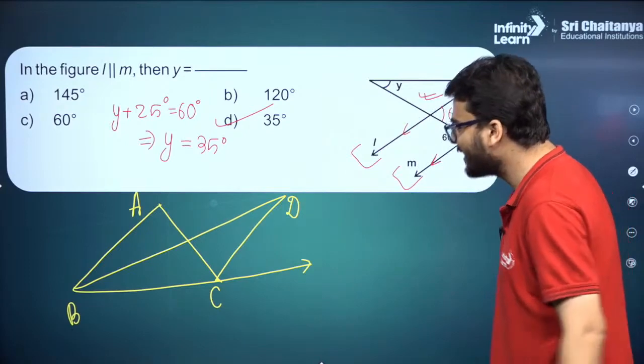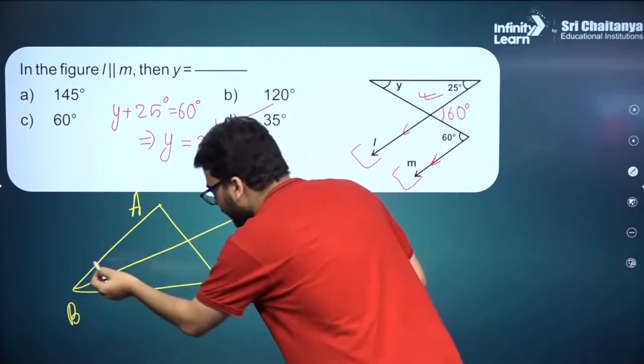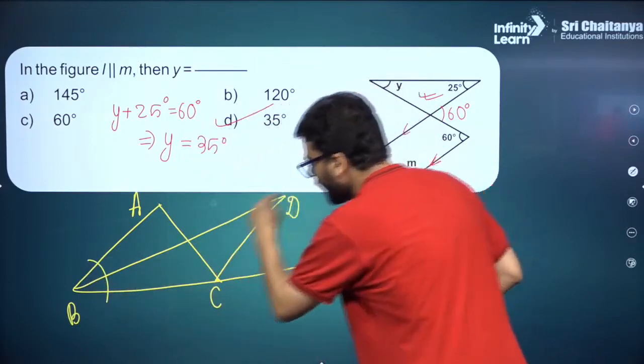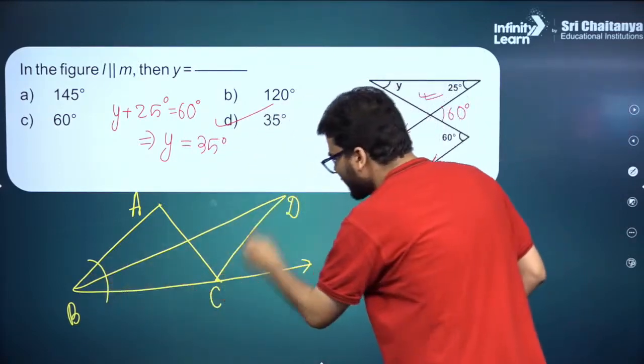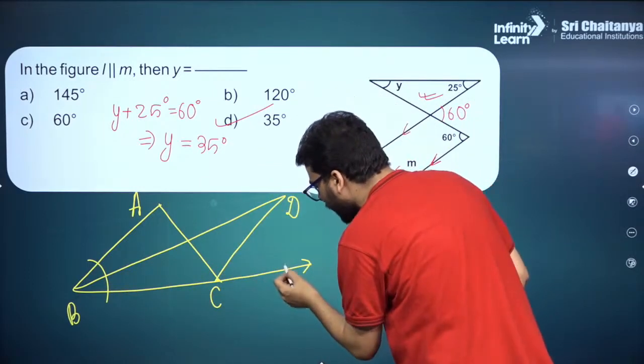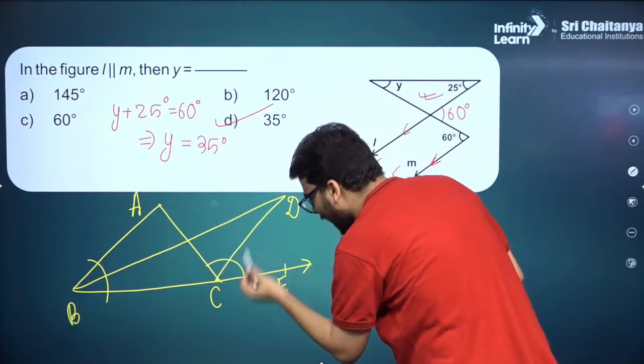Now it is given that BD is the bisector of angle B, and it is also given that CD is the bisector of external angle ACE.